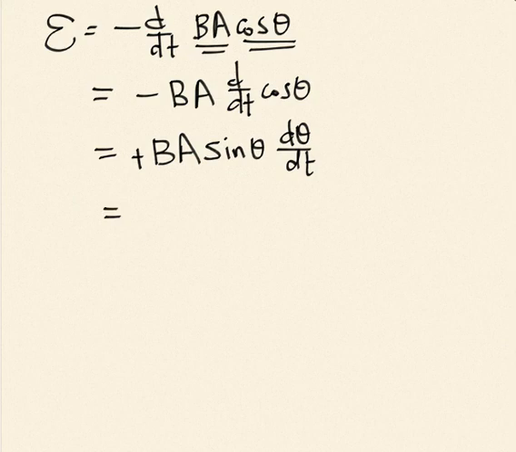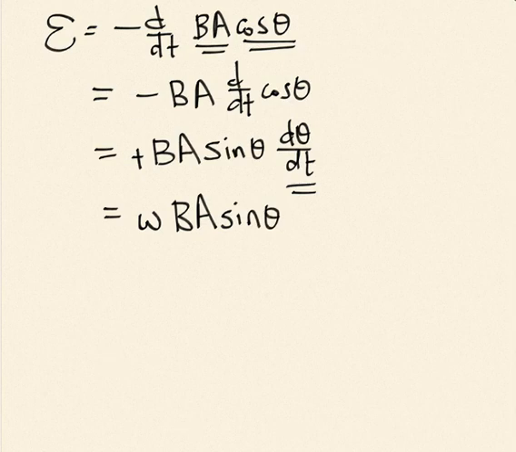We have to make sure we get the sign of d theta dt right, and that really has to do with your definition of positive or negative theta. The magnitude of d theta dt will be just the angular frequency that we wrote down at the beginning, the rate at which you spin the loop. So d theta dt is really defined as that omega. So this becomes omega B A sine theta.